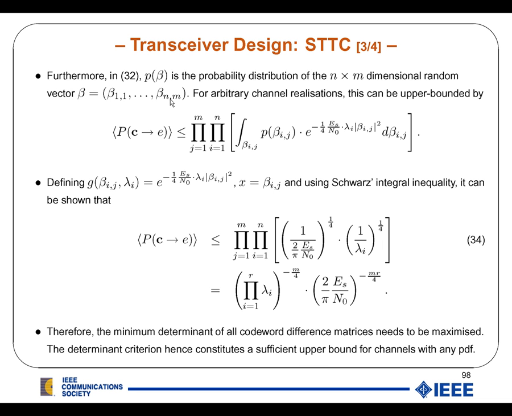Now, P of beta is the probability distribution of my entire N by M dimensional random channel, and for arbitrary channel realizations we can upper bound that term.